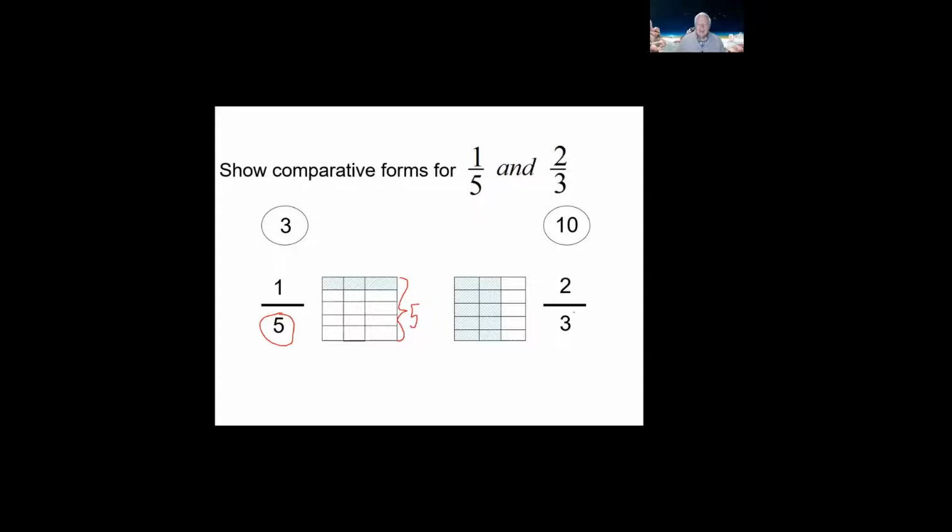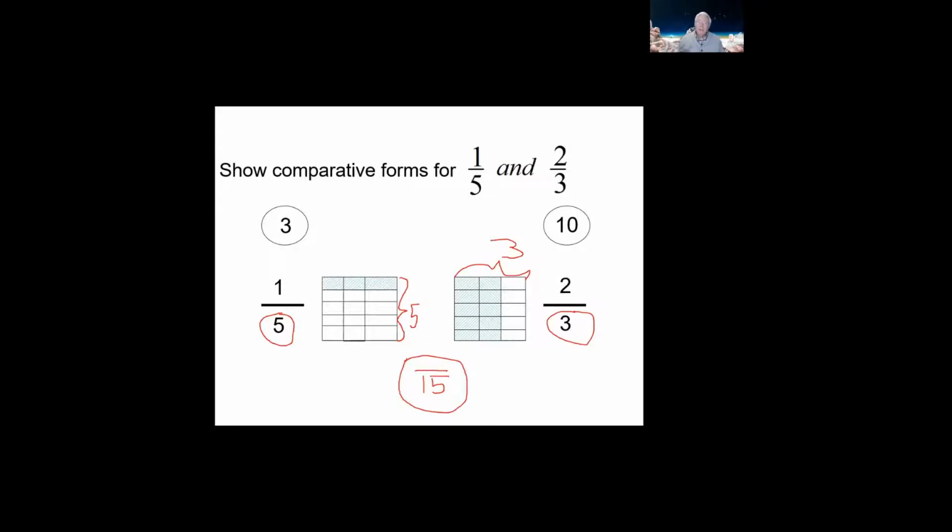The sharing with 3 tells us how many pieces we have from here to here. There's my share with 3. So if I wanted to know how many pieces there were in this new cake that we've created when we share with 5 and share with 3, you'll notice that we have share with 15. This is the number of little pieces that we have in here.